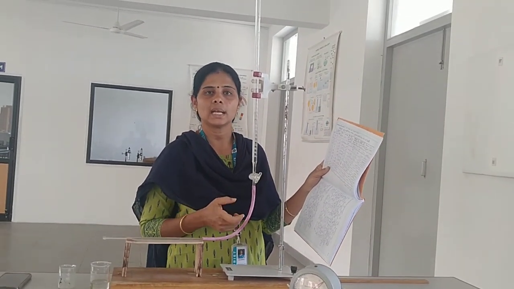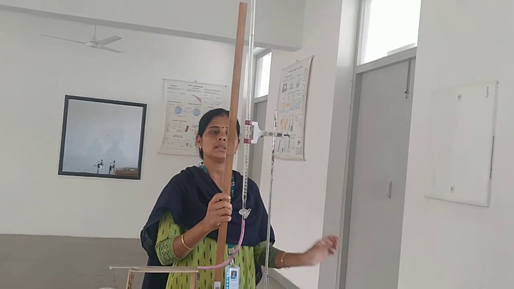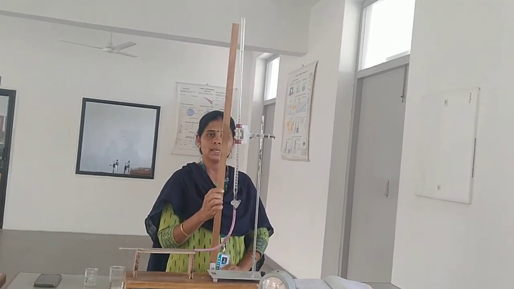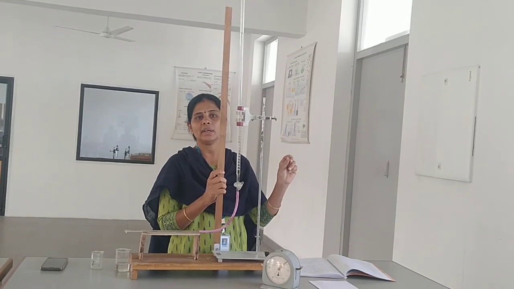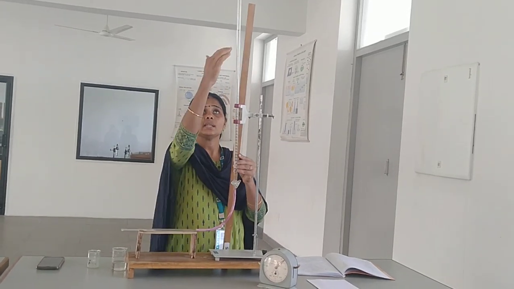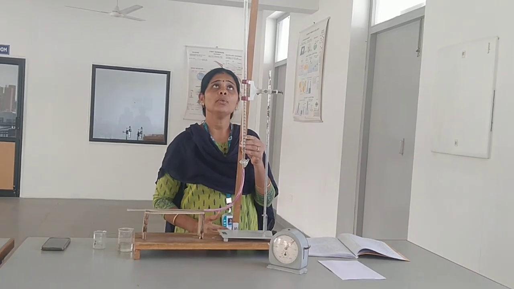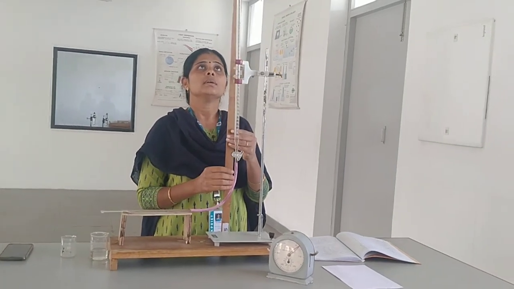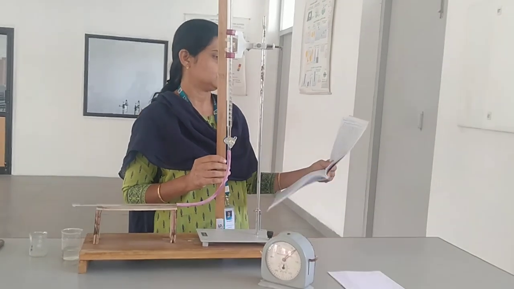By using this long scale, we can measure the height from 0 cc to the table. That is the value of H1. In the range, the final level will be 5 cc. So, from 5 cc to the table, what is the height? That is the value of H2. Now, yes, the H1 value and H2 value we have already taken.